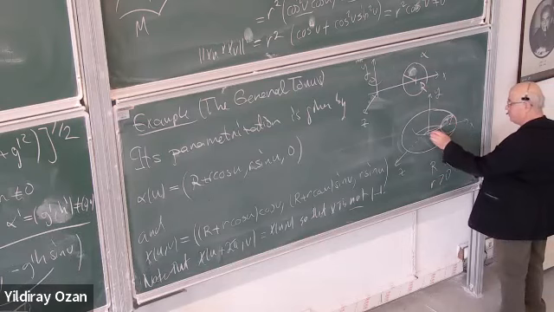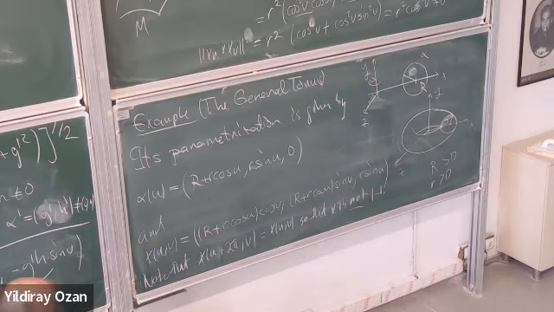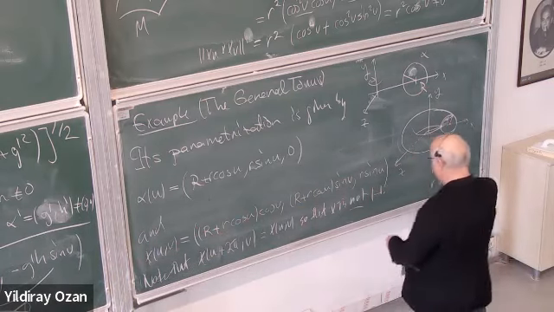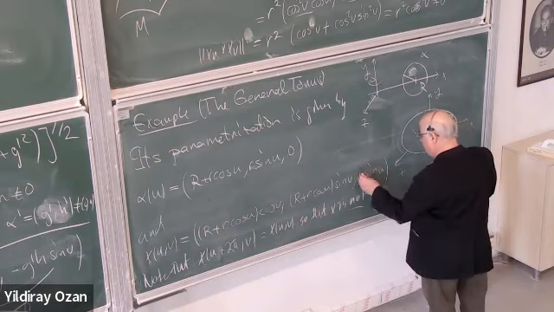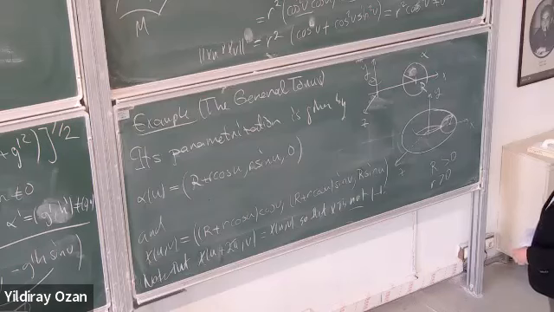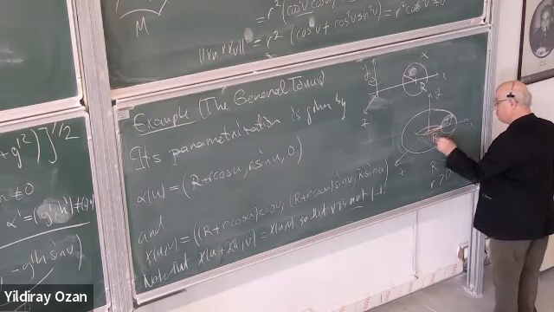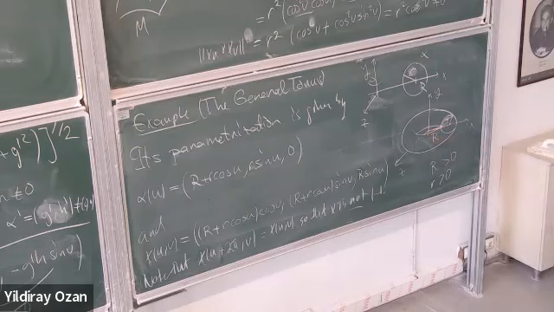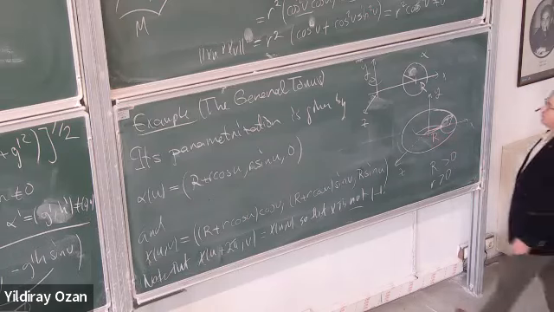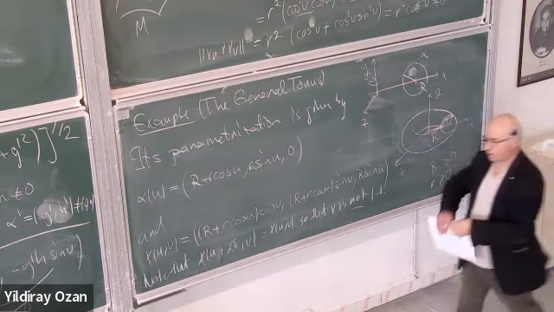It is the one, yeah, you're right. Big R is this. Yeah, so R is this distance, little r is this one.